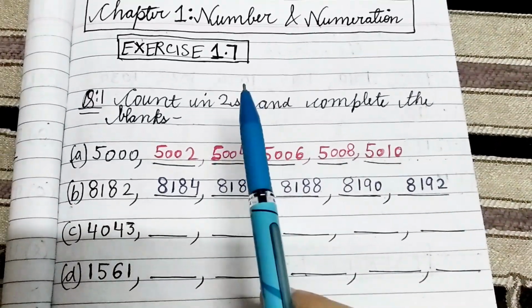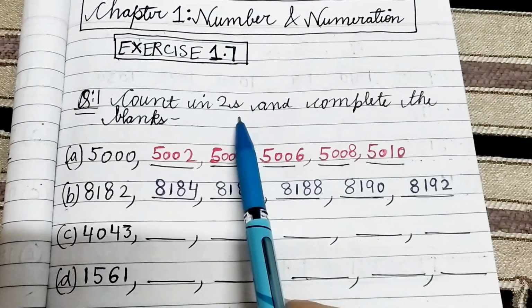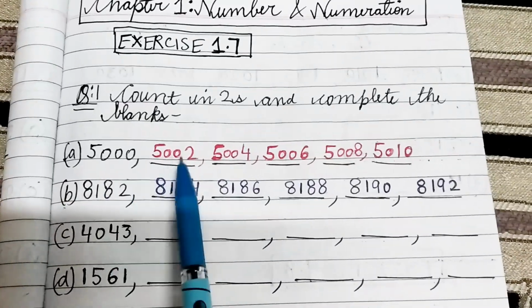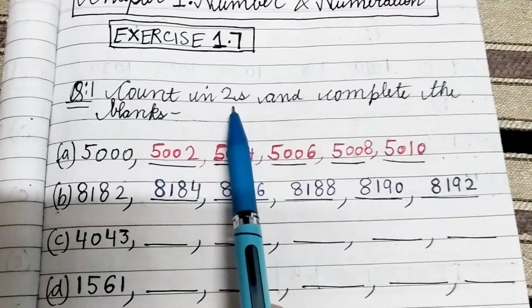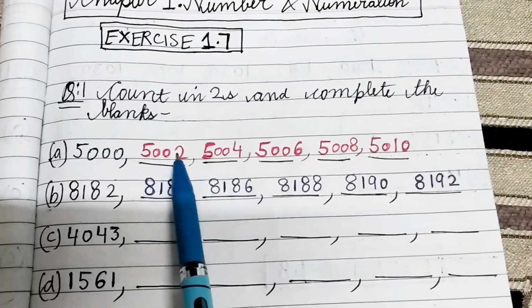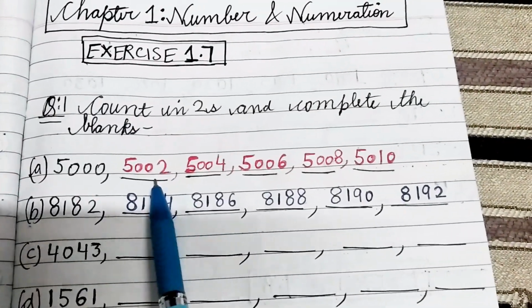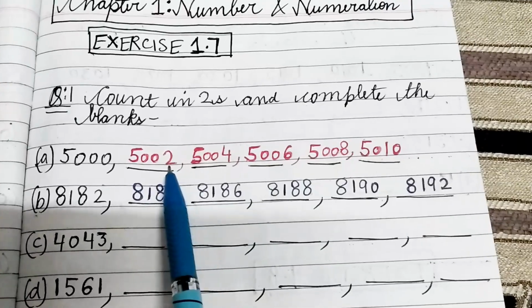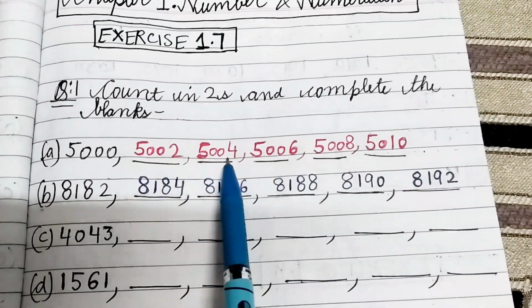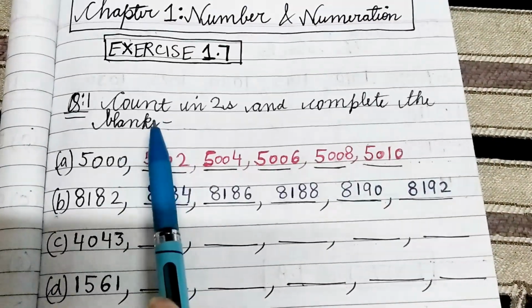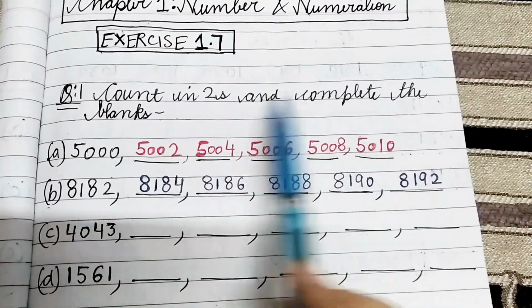That means whichever number comes at the second place, you write that number after the first one. Then you count again starting from this number, and whichever number comes at the second place, you write that number, and so on. So let's start. Count in twos and complete the blanks.